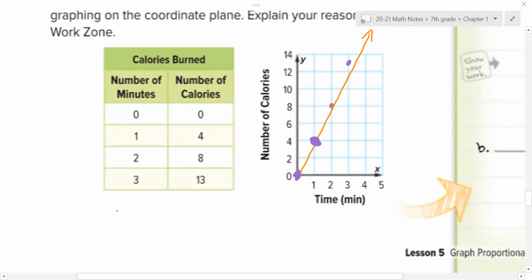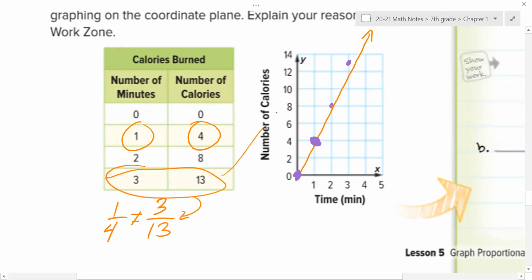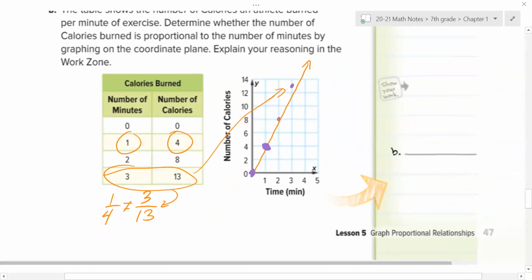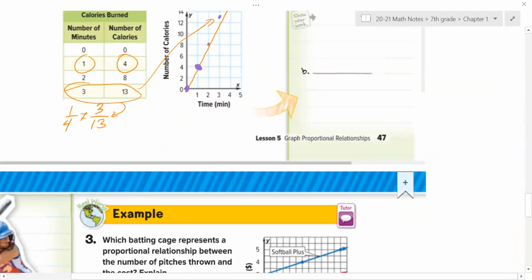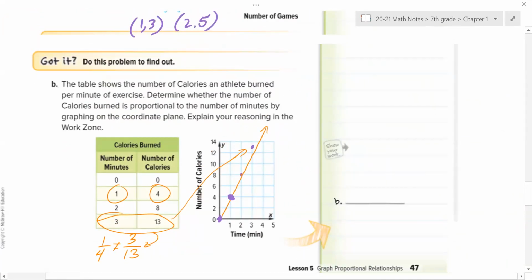So if I were to find that ratio, 1/4 and 3/13 are not equal, because the 3/13 that I'm doing, which is right here, notice how it misses that straight line. And in your textbook, it's going to be a lot easier than it is for me to do this with a rubber ruler and on a tablet. So we're going to say not proportional.